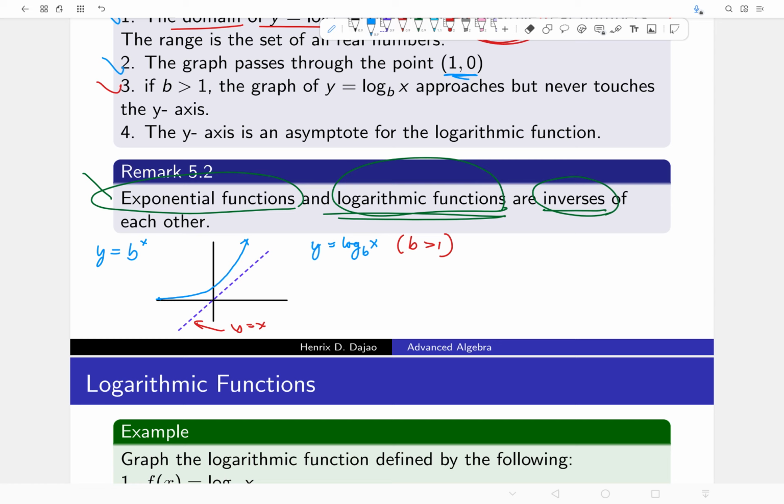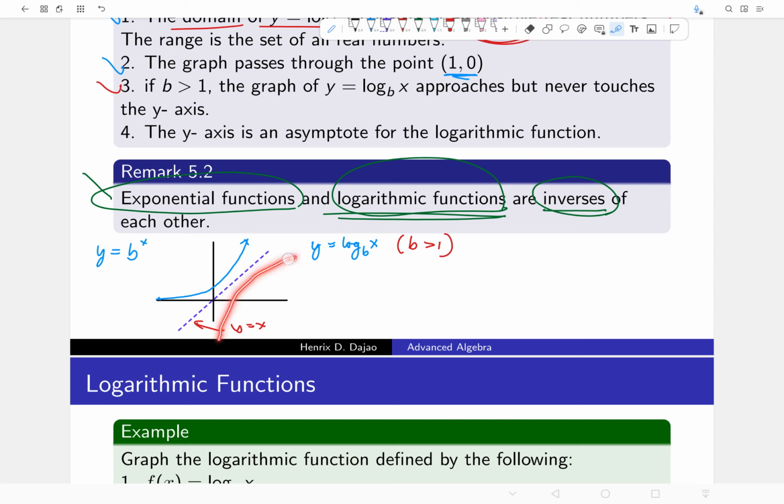Now to sketch this one, just sketch the reflection of this graph with respect to y equals x. So the graph now looks like this.